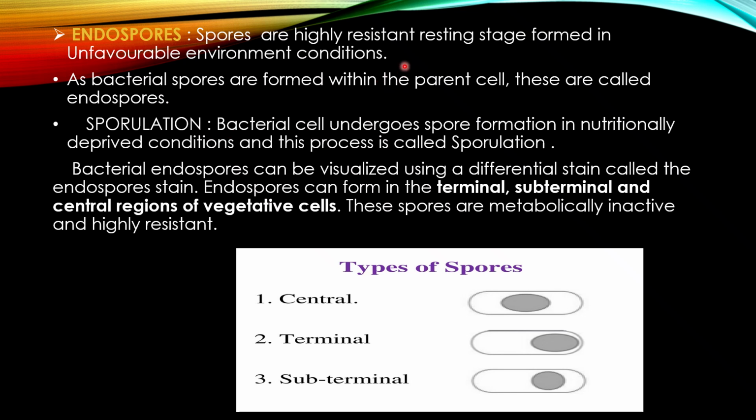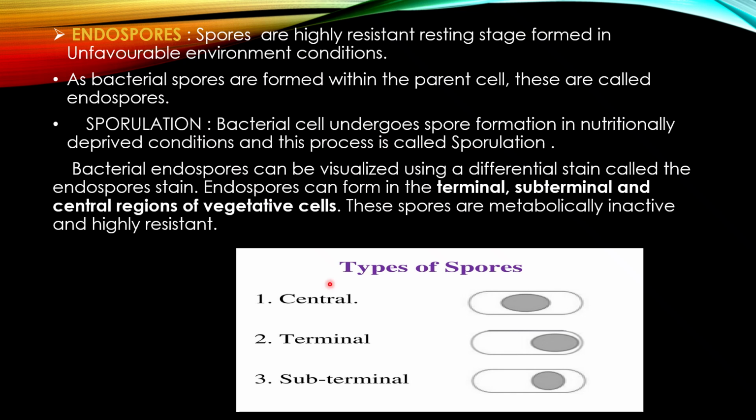These are highly resistant resting stages, so they will not be metabolically active, and they will be highly resistant. And these endospores can come back into the active vegetative state when they get suitable environmental conditions.